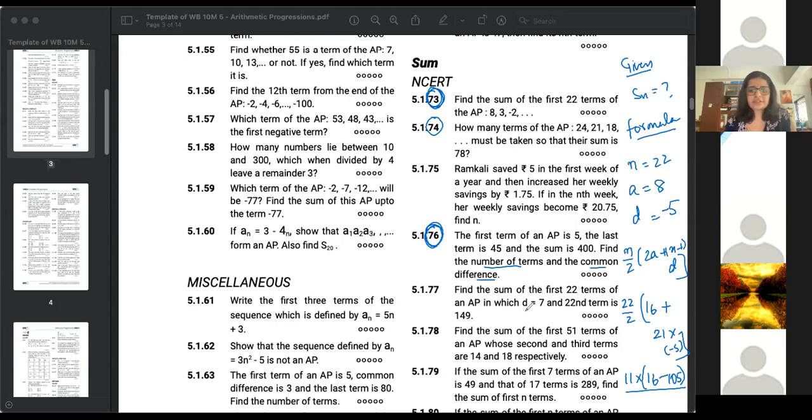So for the number that you sent, at least specify whether you're sending N or D, like which one it is.